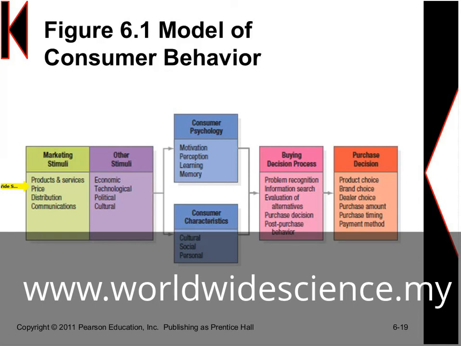You remember product, price, distribution related to place, and communication related to promotion. And there are other stimuli and other important factors in this model: economic, technological, political, and cultural factors.